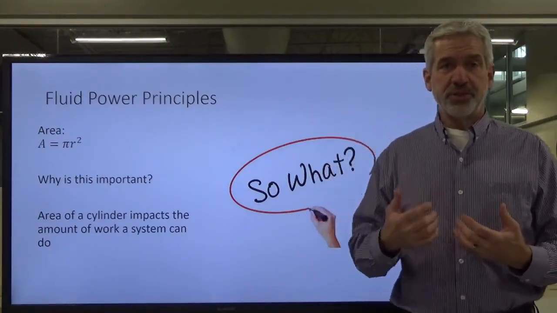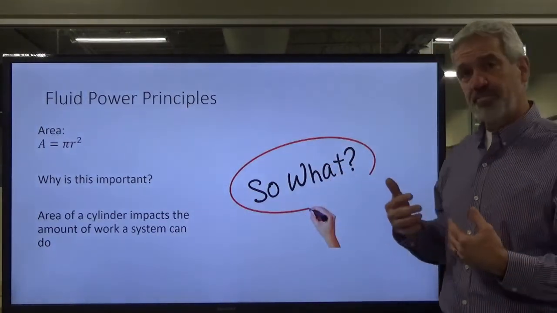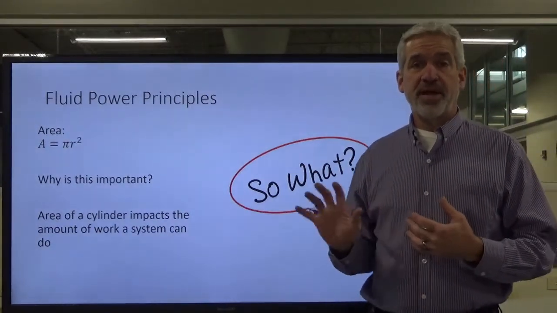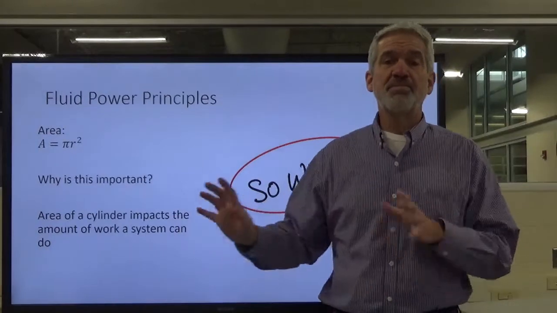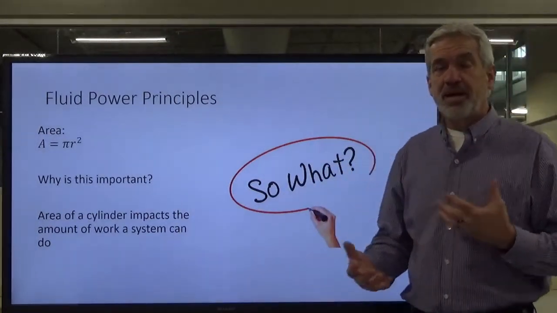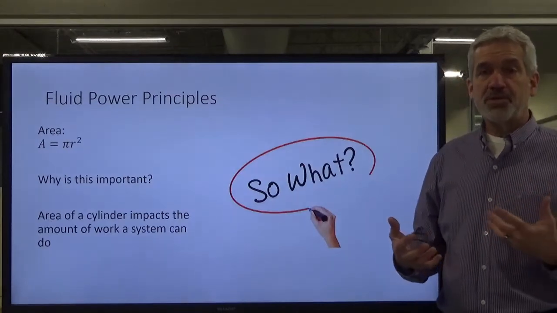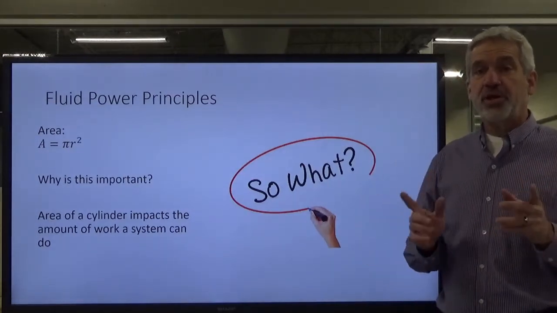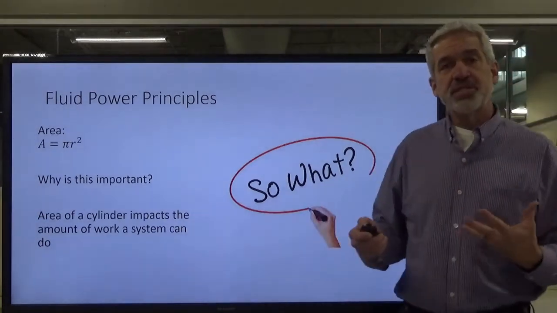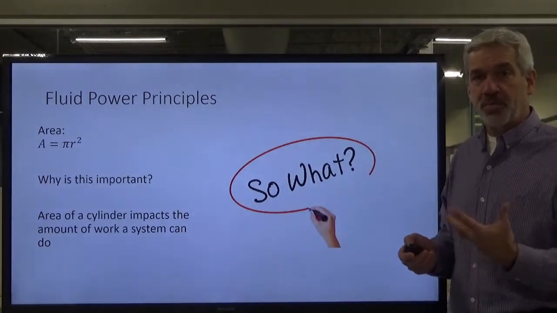You'll know the answer once you learn how to calculate this area and determine whether or not that 3.5-inch cylinder will do the job temporarily until you can get a 4-inch to replace it. So you might be called upon to figure that out, and you're going to know how to do that. Again, the area of the cylinder impacts how much work we can get done.